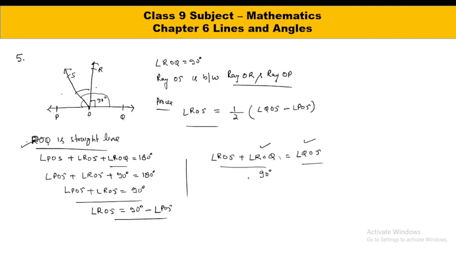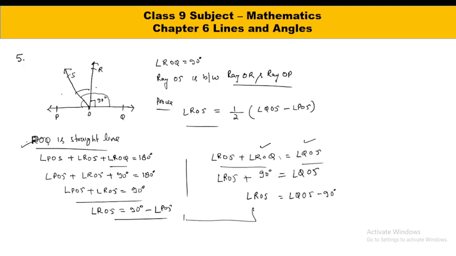So we will write down here: angle ROS plus 90 degrees equal to angle QOS. So angle ROS will be equal to angle QOS minus 90 degrees.